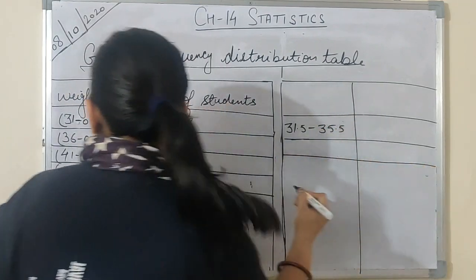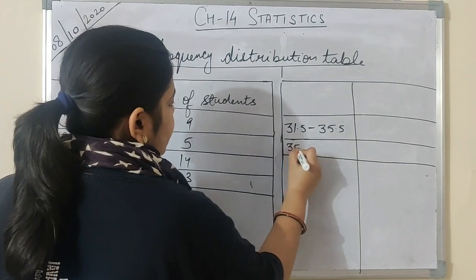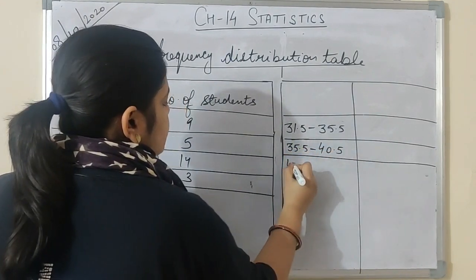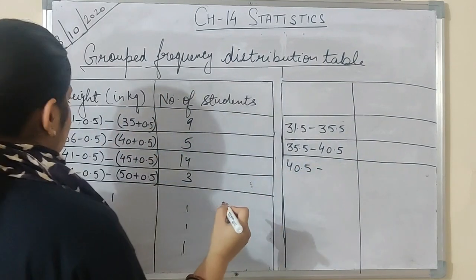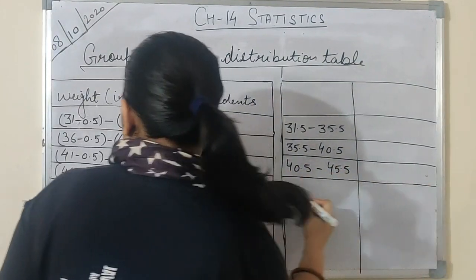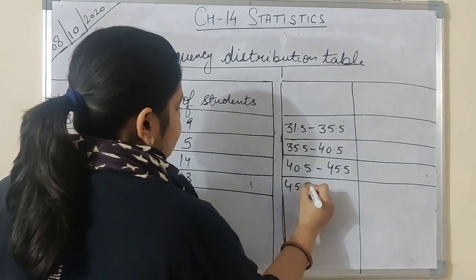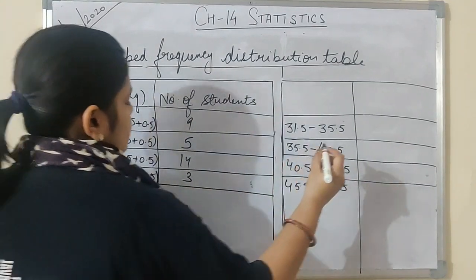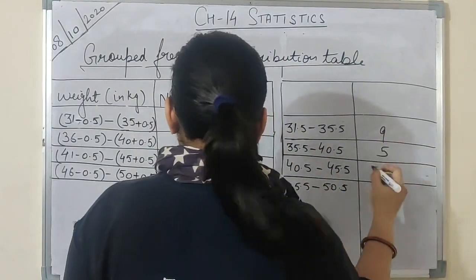The next interval is 35.5 to 40.5. The next is 40.5 to 45.5. The next is 45.5 to 50.5. So this is the continuous data.